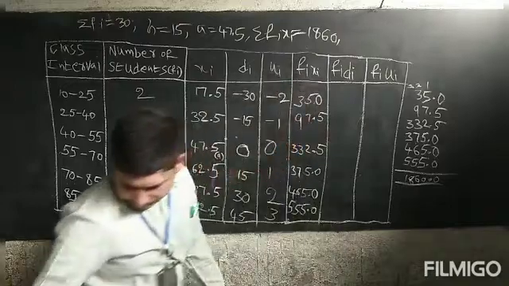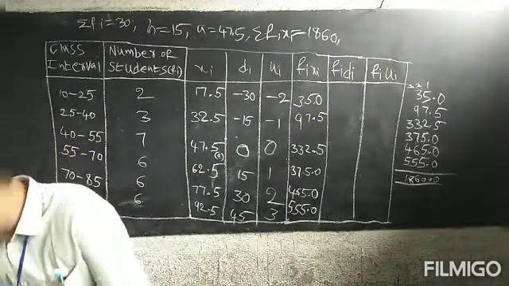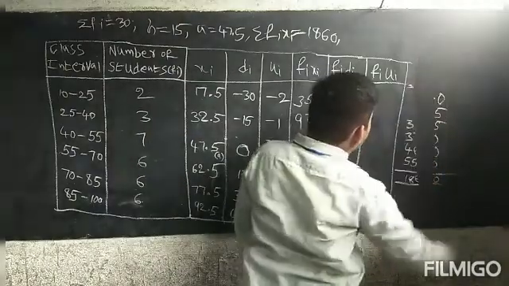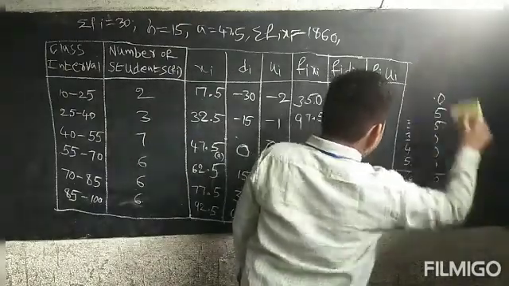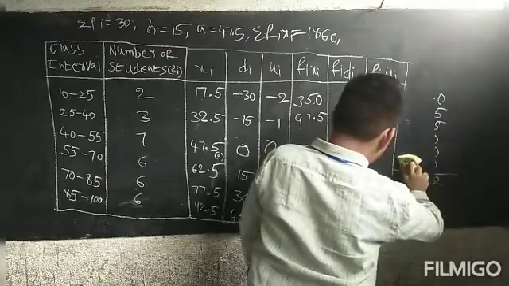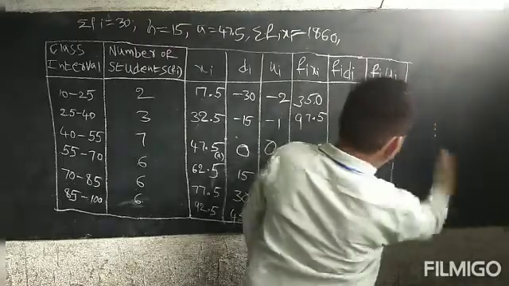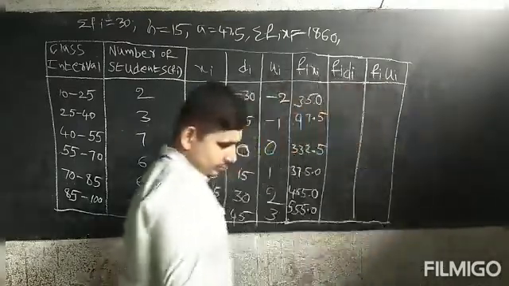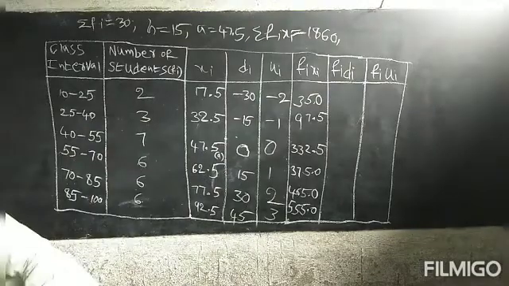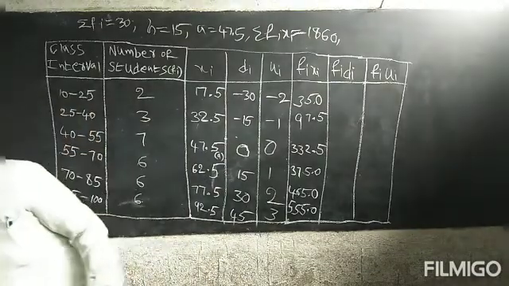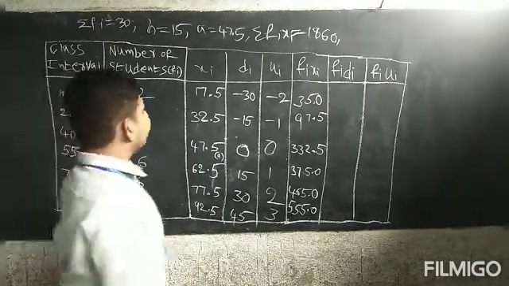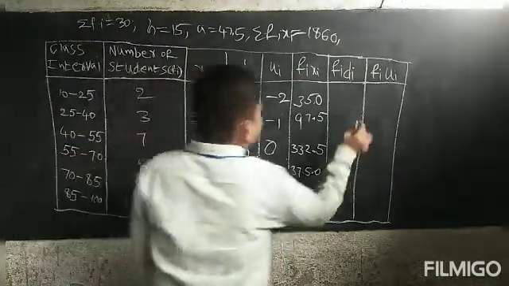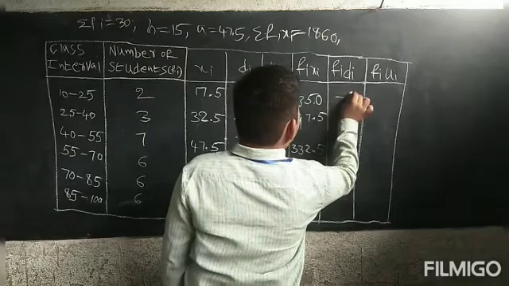Again, next we have to calculate the fidi values and add them. Okay, now fidi: 2 into minus 30, minus 60.